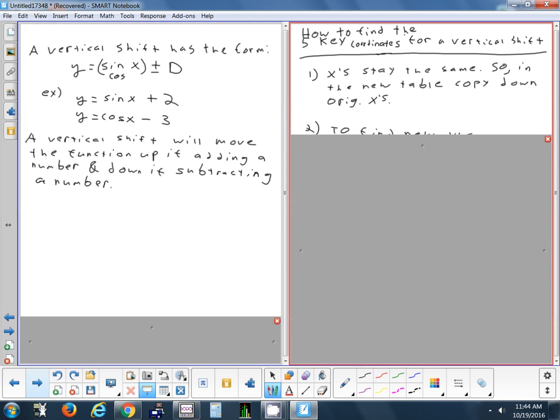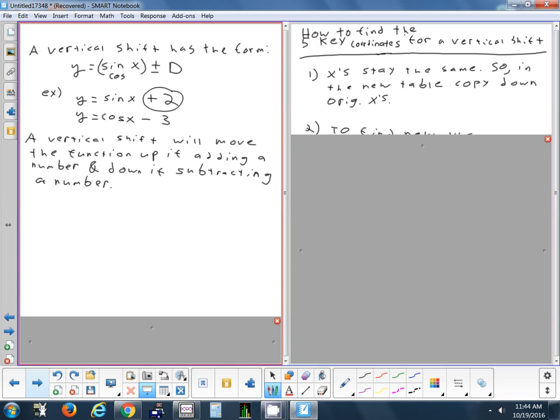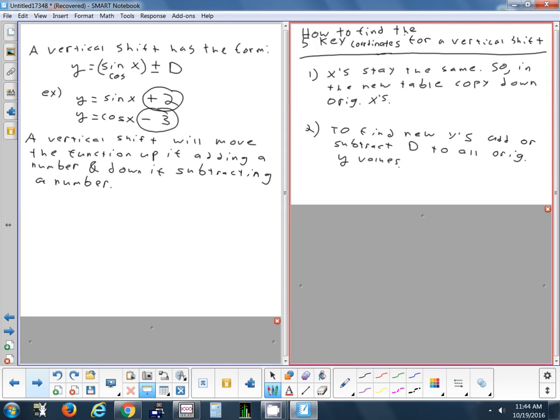So now we have to get our new y values. Anybody have a guess what we're going to do with this number and the original y values? That's pretty much what you would hope it would be. Yep. So like in the first one, you take all the original y values for sine and you would add 2.